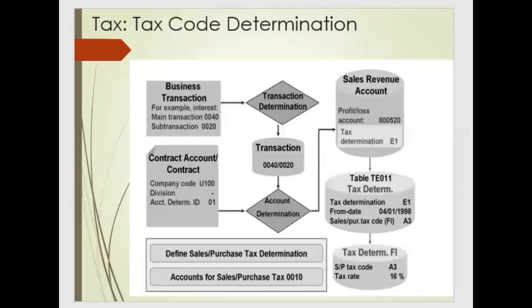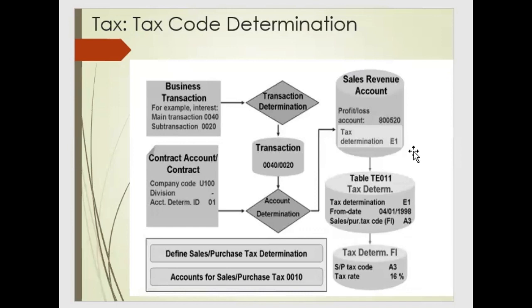And to do that, we need to introduce a new kind of key that is called tax code, right? Now here in this picture, you can see we have all the same things, transaction determination, how we do the account determination, and that is linked to the sales revenue. And in sales revenue, we are introducing E1.